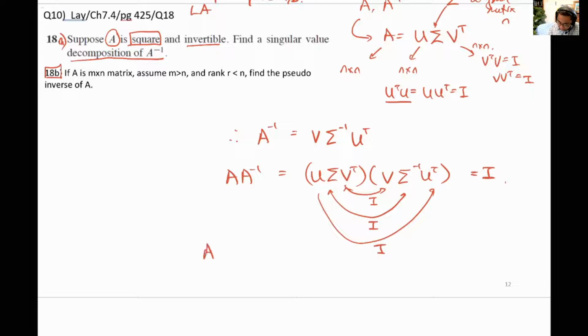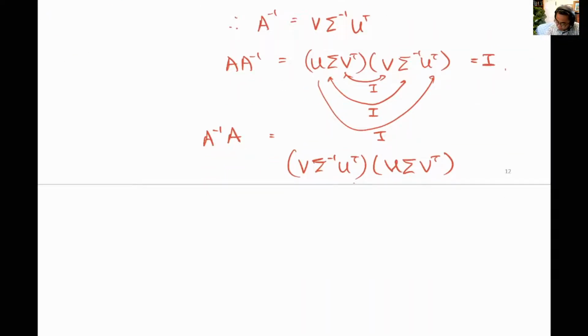We can also try on the left hand side. This is V sigma inverse U transpose multiplied by U sigma V transpose. Again, when we open up the bracket, this is the identity, this is the identity, this is again the identity.